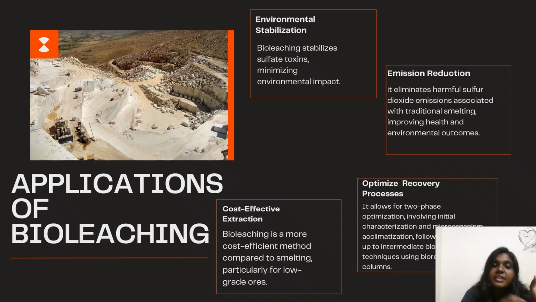The extraction of rare and strategic metals like lithium and manganese, these are all extracted from ores and waste, and can be extracted easily. And the breakdown of sulfide minerals to reduce acid mine drainage formation. They are used in industrial biohydrometallurgy processes, in the removal of impurities to upgrade ore quality, and also in the recovery of metals in industrial catalysis. So these are the basic applications of bioleaching.